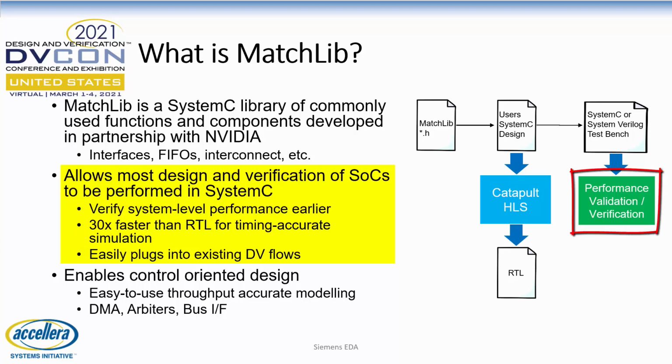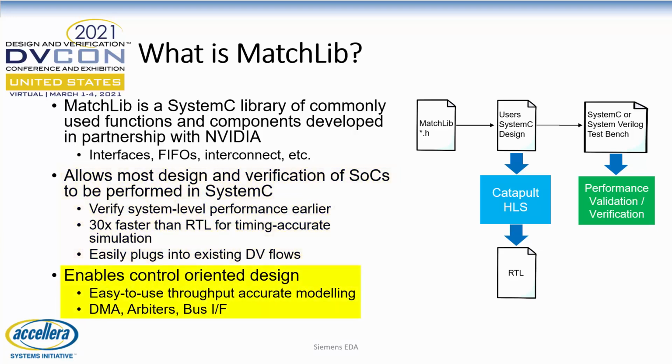It allows verifying system-level performance earlier. It simulates up to 30x faster than RTL for timing-accurate simulation, and it easily plugs into existing digital verification flows. MatchLib enables control-oriented design with easy-to-use, throughput-accurate modeling and allows the designers to do more of the whole chip, including things such as DMA, arbiters, and bus interfaces.